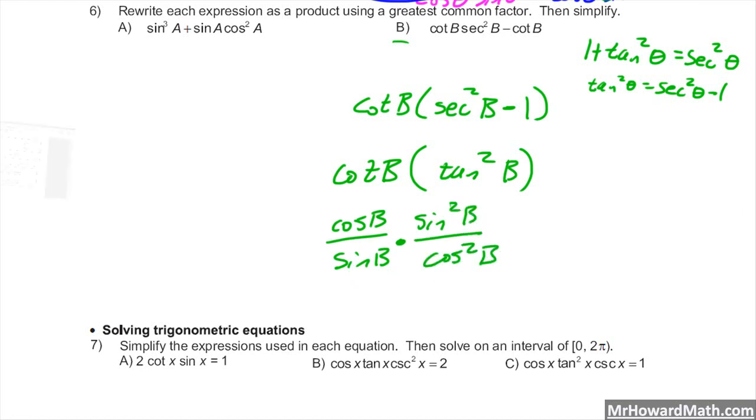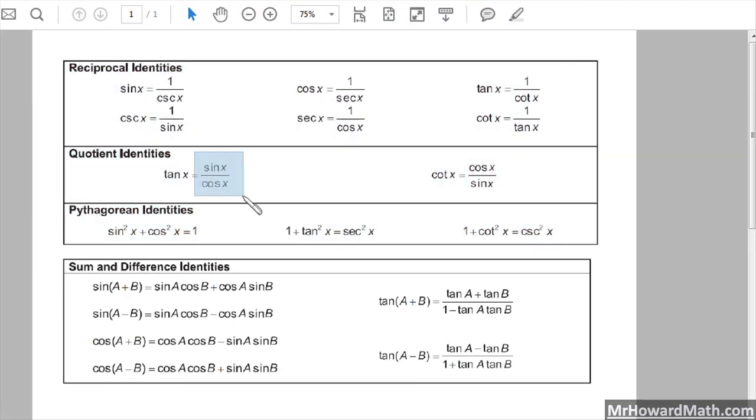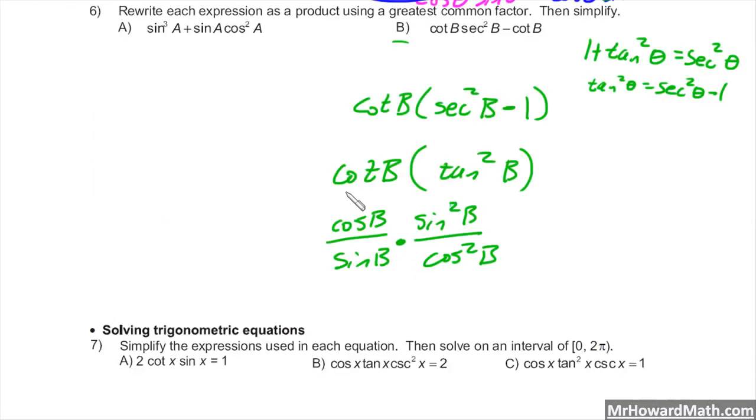That's just squaring this quantity right here. If you have two of these multiplied together, it's sine x times sine x over cosine x times cosine x, which is sine squared x over cosine squared x.